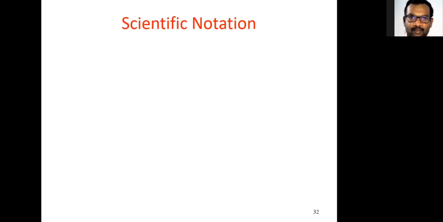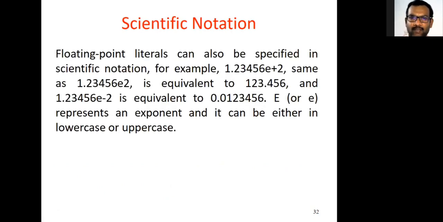The scientific notation is called exponentiation. If you have some scientific computations, the numbers are represented like this: 1.23456 e plus 2. This is exponent 2, which can also be written like this, equal to 123.456.